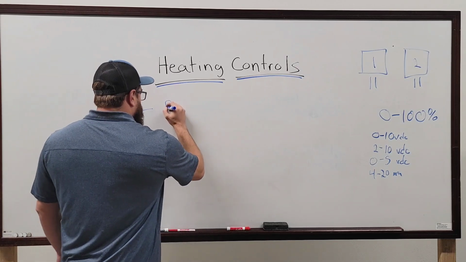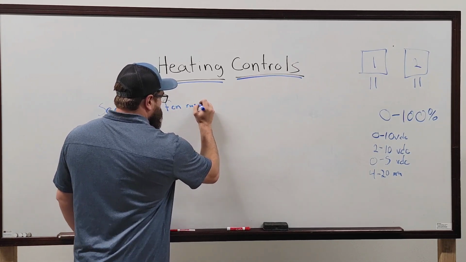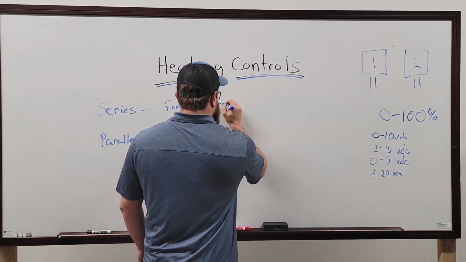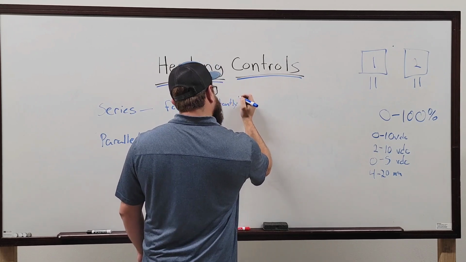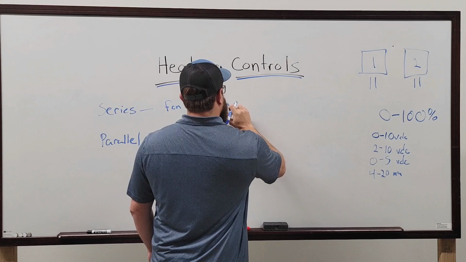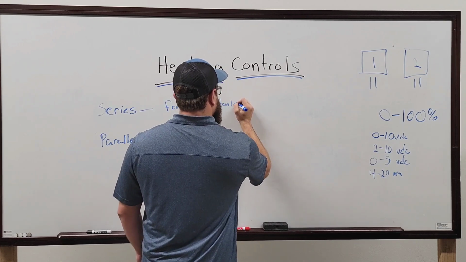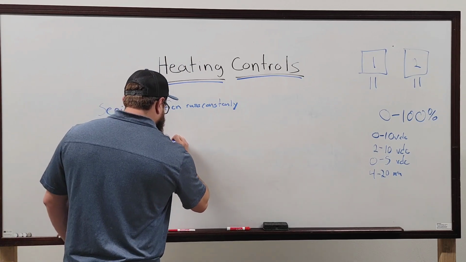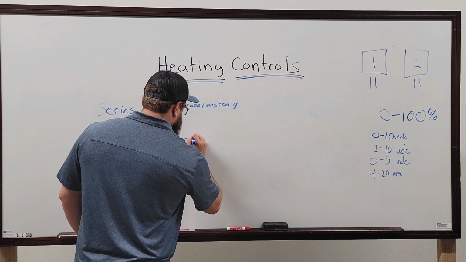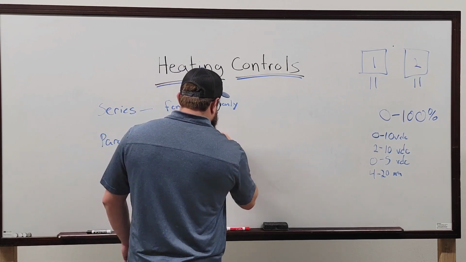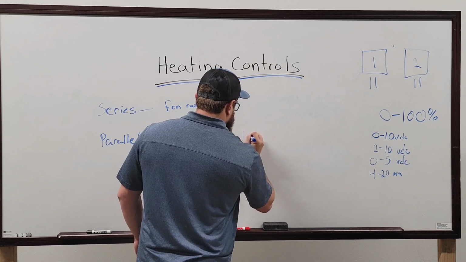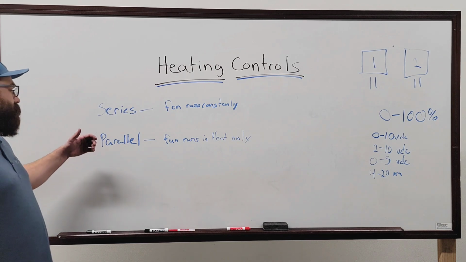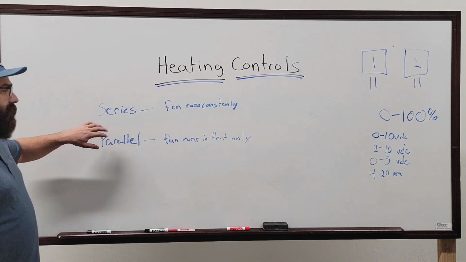In series, your fan will always be running. The two types of boxes that you have to consider in fan power boxes are series and parallel.